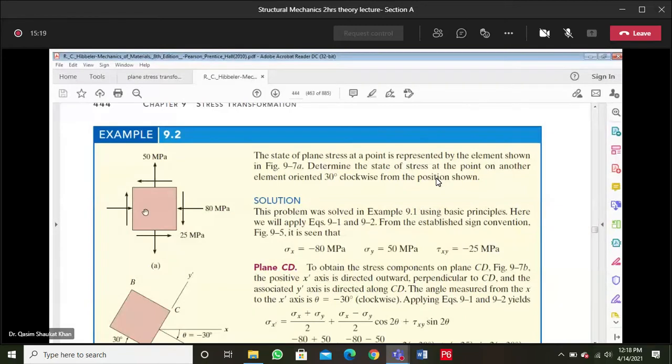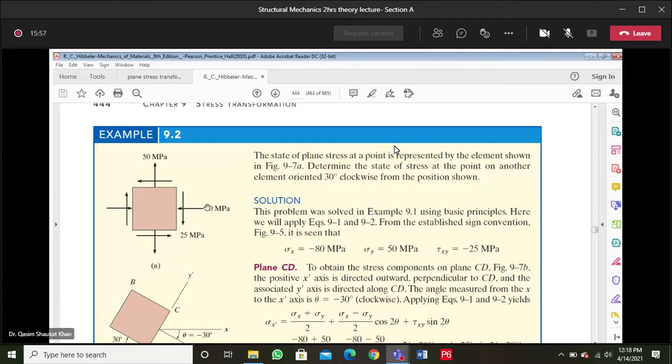If you can see this, there is a normal stress sigma y, that is 50 megapascals. Then you have normal stress sigma x, that is minus 80 megapascals. Why negative 80? Because this arrow is pointing towards the negative x-axis. So it will be minus 80 megapascals.